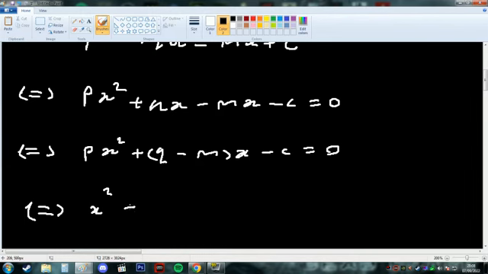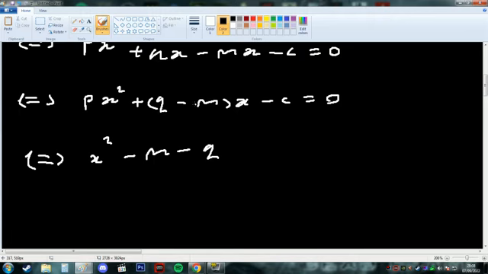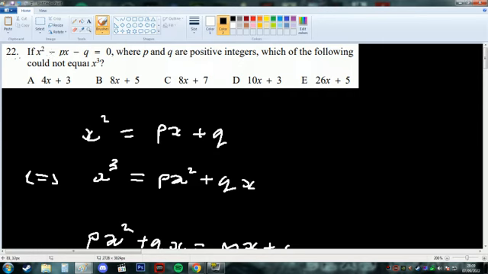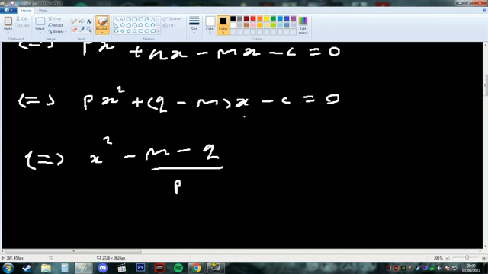x squared plus, in fact, I'm going to make a difference negative. It's the same thing, I'm just turning it into m minus q, then flipping the sign again, so it's a double negative, just to make things a little bit easier, because the coefficient in here is already negative. It's the negative of a positive integer, times x minus c over p equals naught.